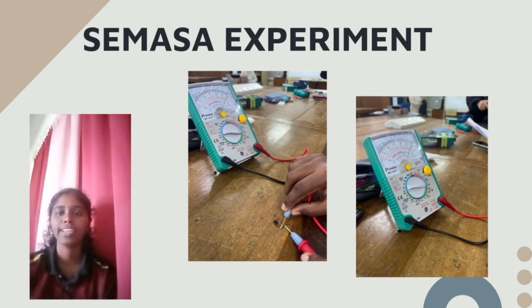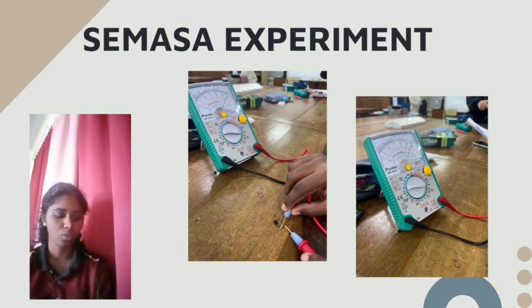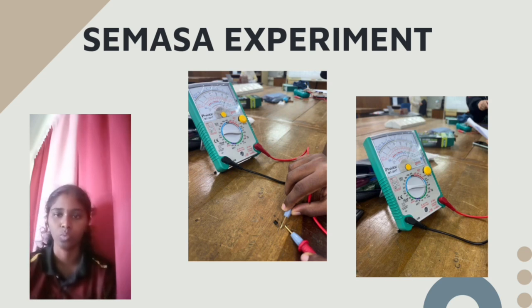Furthermore, I would like to explain the results interpretation. As we all know, Q1 is S9013 and Q2 is S9012. Based on our results, we identify Q1 as an NPN transistor because conduction occurs when the red lead is on the base, and Q2 as a PNP transistor because conduction occurs when the black lead is on the base.